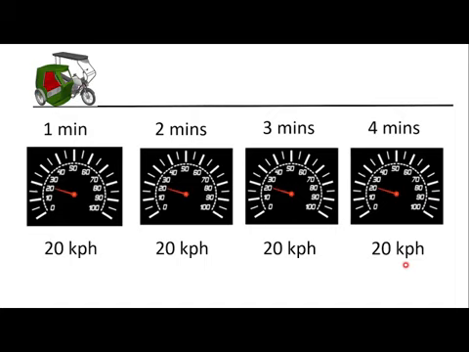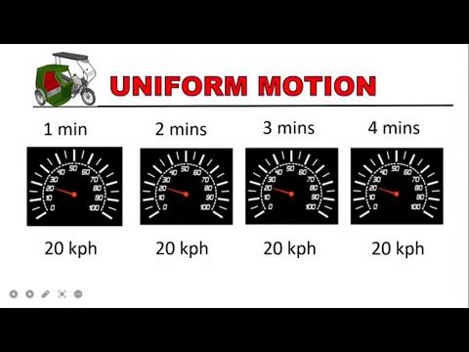No, the speed is maintained at 20 kilometers per hour. So, nag-a-accelerate ba ang tricycle pag ganito ang sitwasyon? The answer is also no. Walang pagbabago sa speed, so walang acceleration. That is why the tricycle is said to have a uniform motion. Uniform means pareho, walang pagkakaiba sa speed ng isang object.